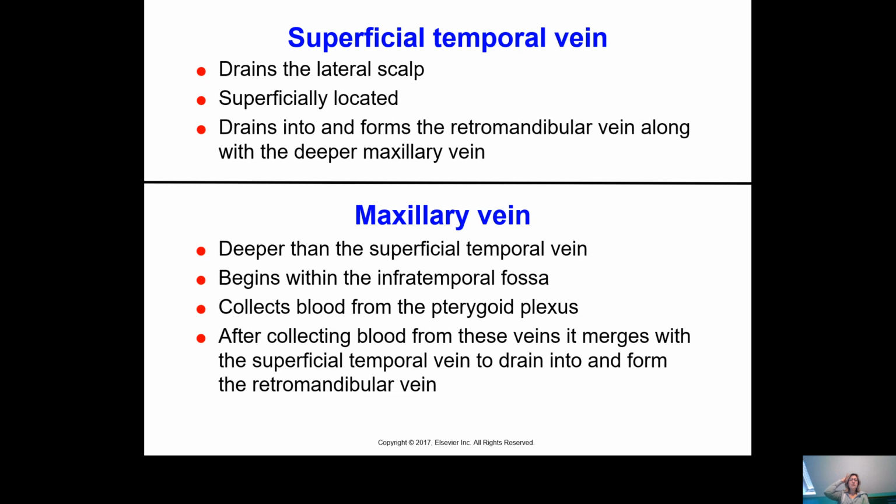The maxillary is deeper, so not visible. It begins within the infratemporal fossa. It collects blood from the pterygoid plexus. And after collecting blood from these veins, it merges with the superficial temporal vein to drain and form the retromandibular vein.